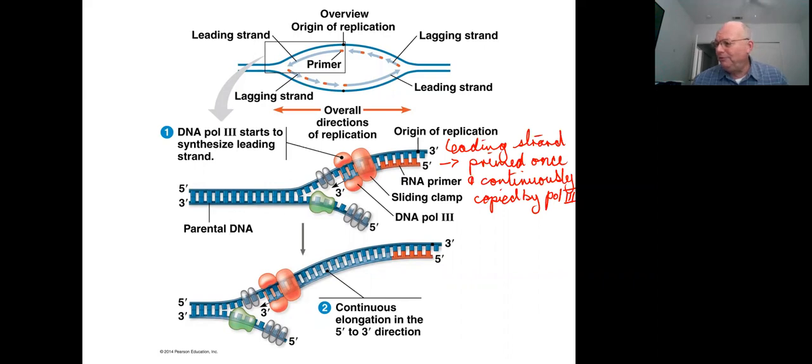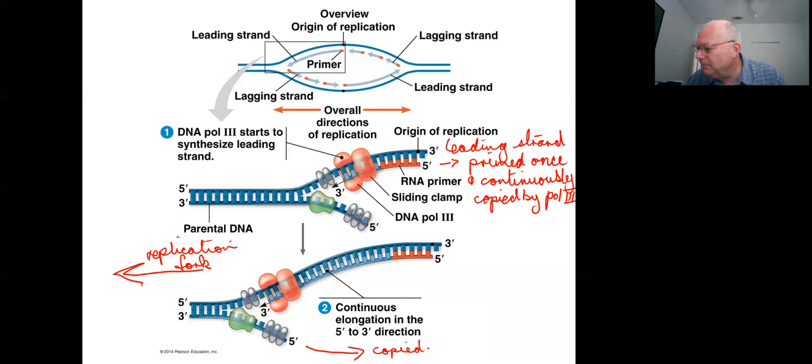So even though the replication fork is opening up in this direction, we need to copy it, so the replication fork is opening up that way, but this strand needs to be copied in this direction, leading away from the replication fork, leading towards the original origin of replication.